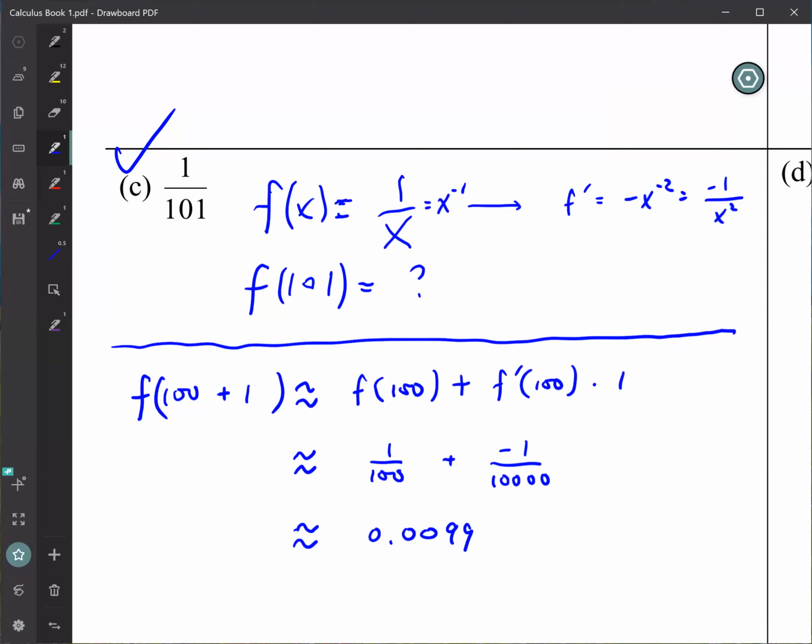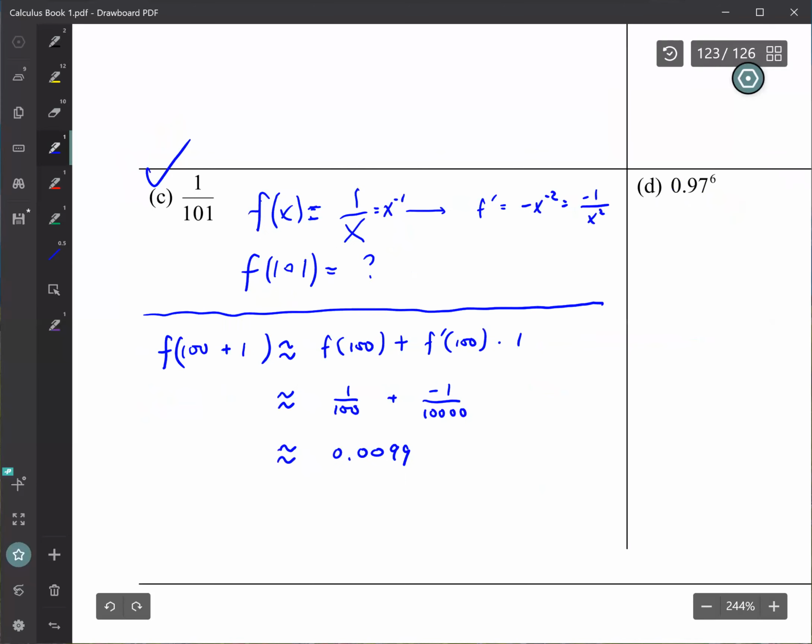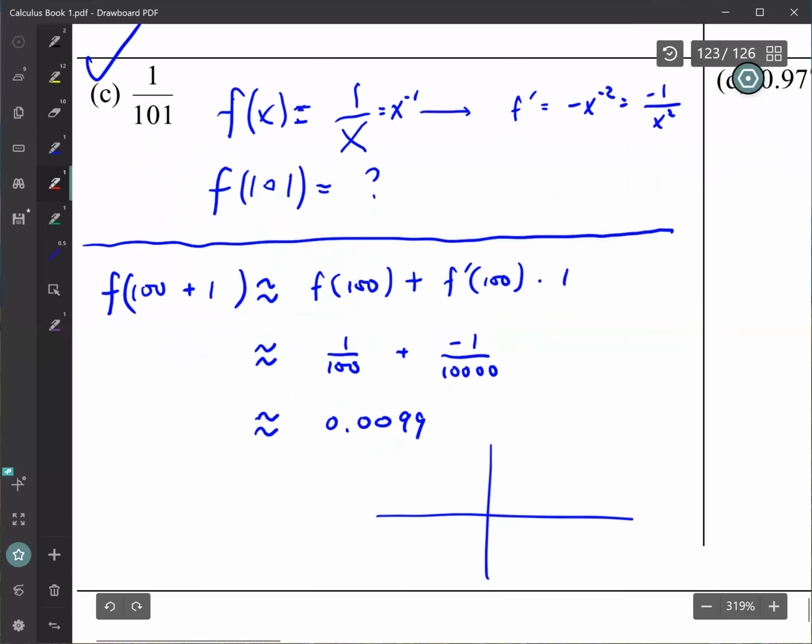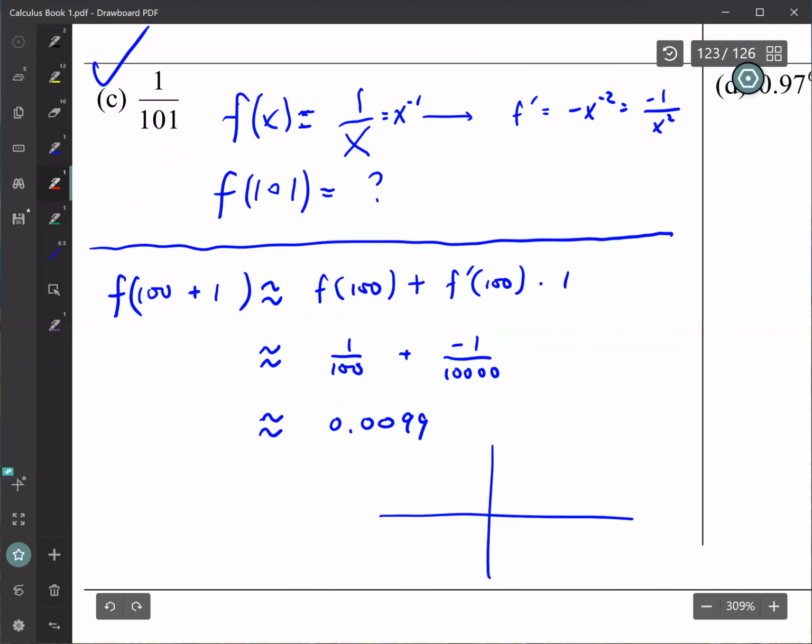Okay, so let's check with the actual. First of all, before we check with the actual, is this one an over or underestimate? Under. Okay. How do we graph the function here? Do you remember what 1 over x looks like? It has an asymptote.